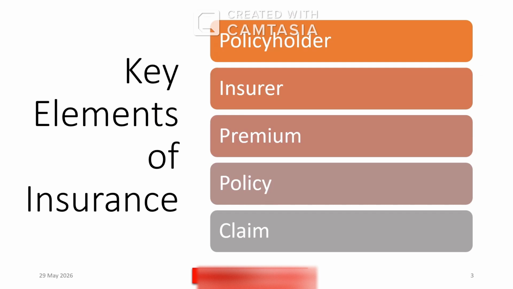In the premium section, it is decided how much money the policyholder will give per month or per year for the insurance. Then the policy. In the policy it is written in detail how the insurance will work. Then the claim. In the claim section it is written how to get the compensation if there is any damage done, right? So they are the 5 elements of insurance.